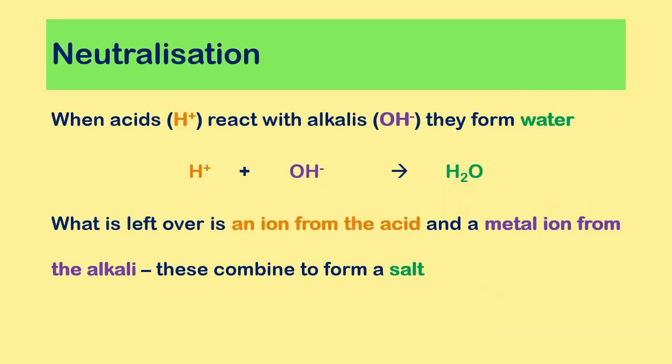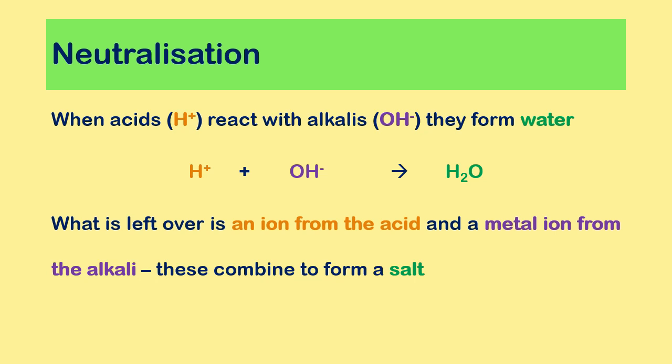Now, when we react an acid with a base or an alkali, what we're doing is we are reacting the hydrogen ions and the hydroxide ions with one another. And when they recombine, we form water. So anytime we do a neutralization reaction, we get water.